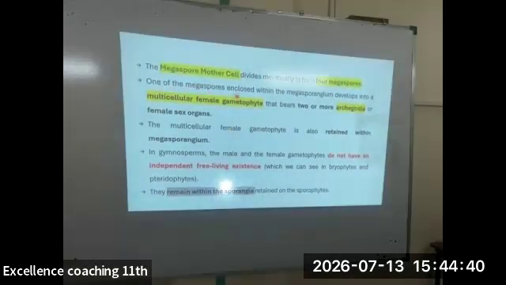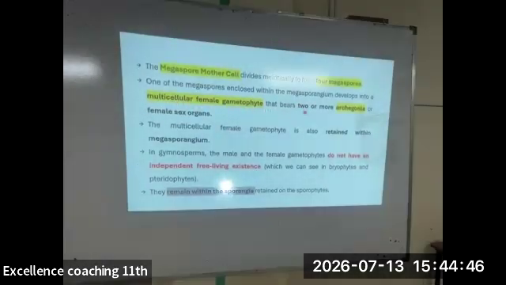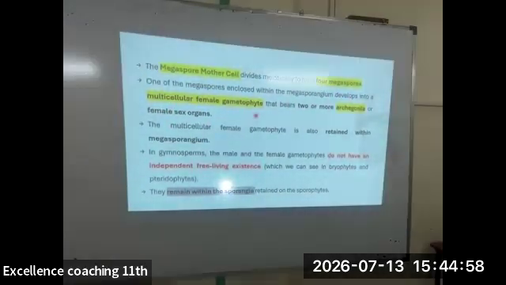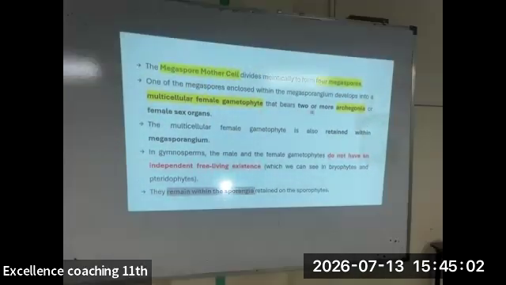One of the megaspores enclosed within the megasporangium develops into a multicellular female gametophyte, which bears 2 or more archegonia or female sex organs. So the megaspore is going to divide and become a multicellular female gametophyte.